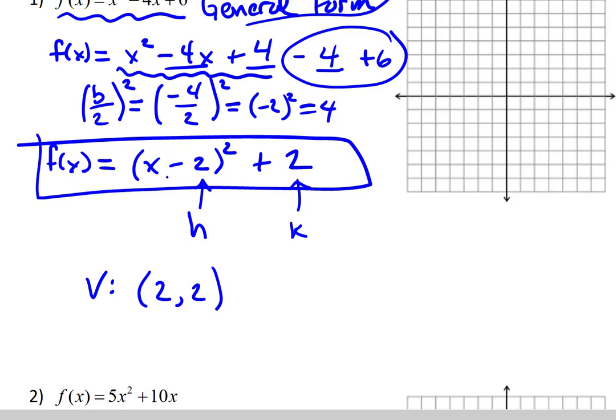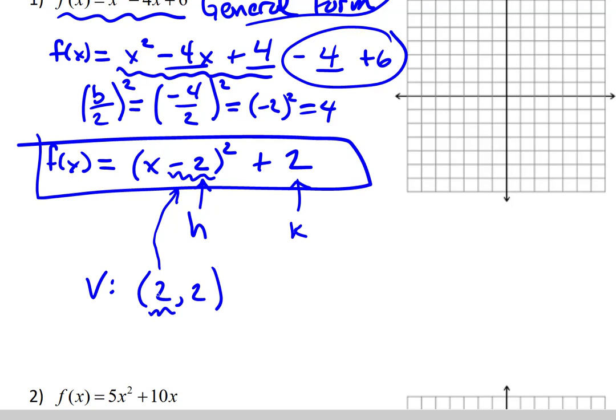Observe here briefly that when you see x minus h in standard form, notice ours says x minus 2, but then when we use the vertex form, or the vertex point, we use just the 2, not the minus. So in other words, the vertex x-coordinate is always the opposite of what you're looking at in standard form if you're looking at the sign in front of that number. So we saw a negative 2 in standard form. We're using a positive 2 for our x-coordinate of the vertex.